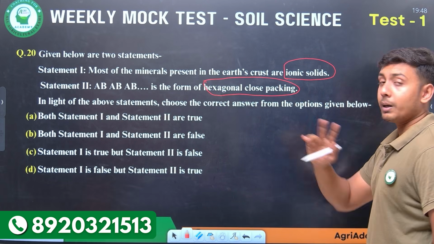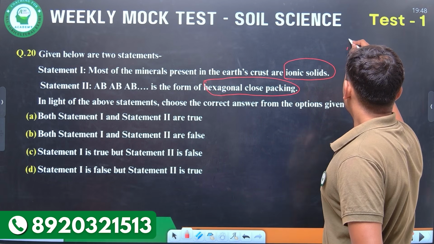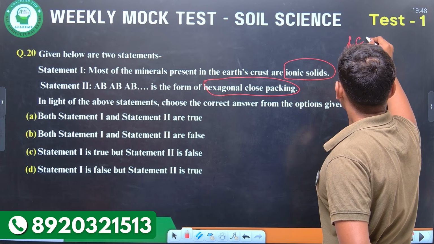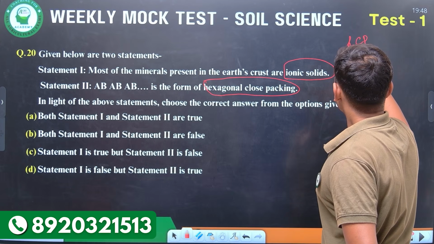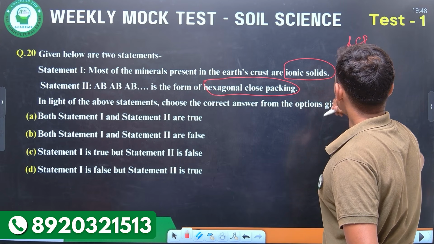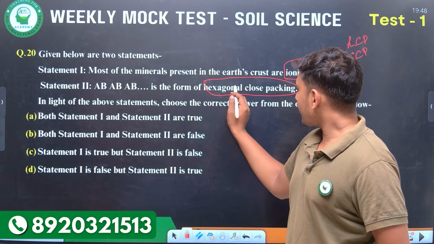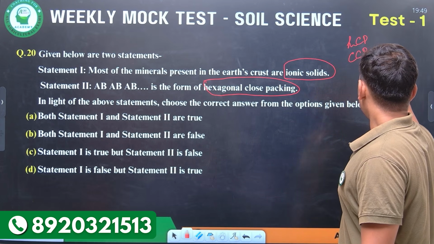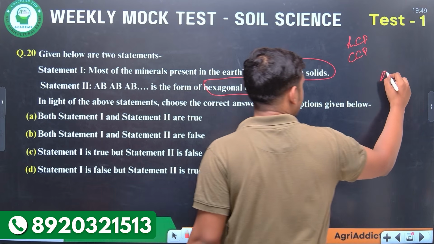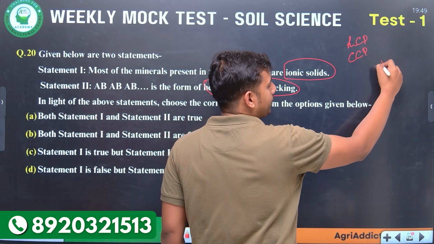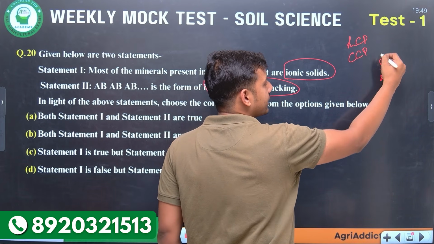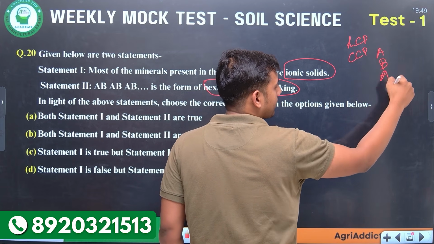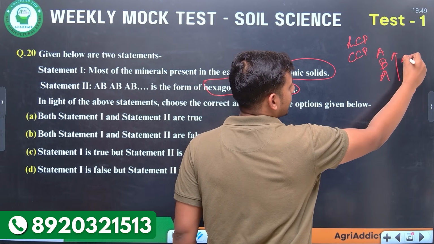We know that two types of close packings are there: hexagonal close packing, HCP, and cubic close packing, CCP. In case of hexagonal close packing, layer after layer, if we consider the first layer is A, then the upper layer will be B. Then the third layer is exactly in the same position as A. So the sequence is AB, AB, AB.